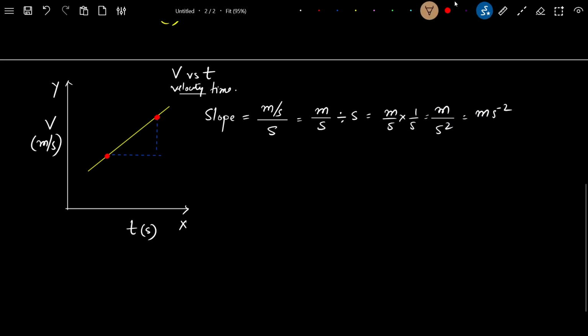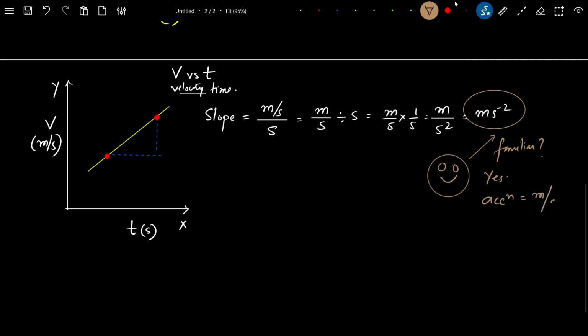And then the big question comes: circle this, bring yourself in your mind, have a big smile and ask, is this familiar to me? I said yes, this is familiar. This is acceleration. Acceleration has got the units of meter per second square. So the slope of a VT graph gives me a quantity which is known as acceleration.